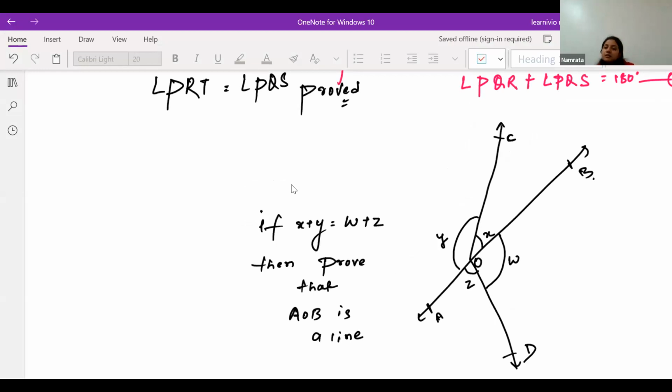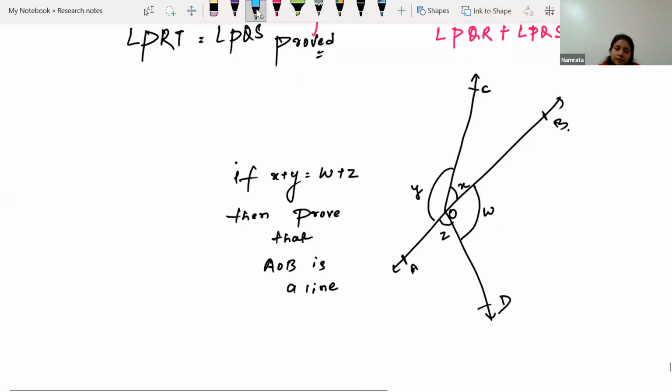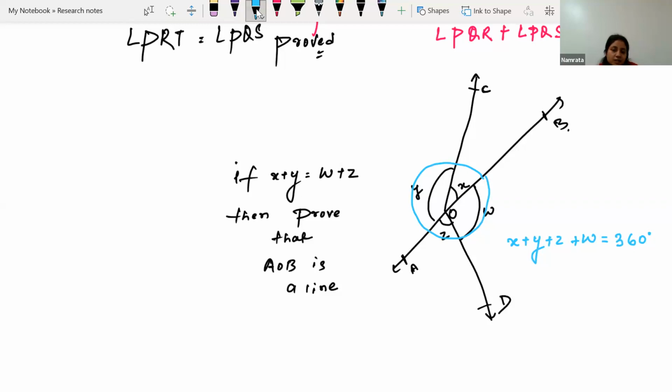Can we say, if we take one complete revolution like this, from here to here, that X plus Y plus Z plus W all together will make 360 degree? Can we? Yes, we can say because we have taken one complete revolution.